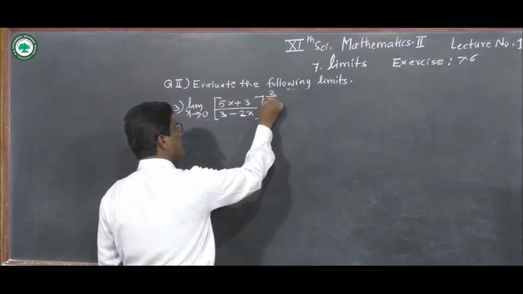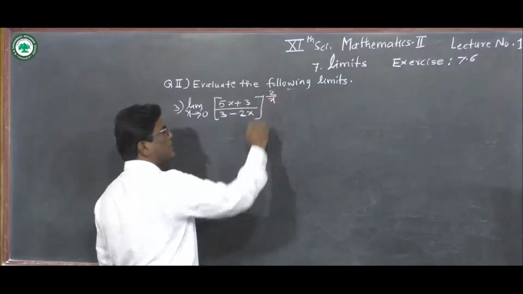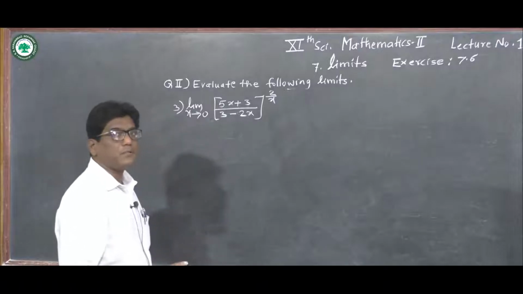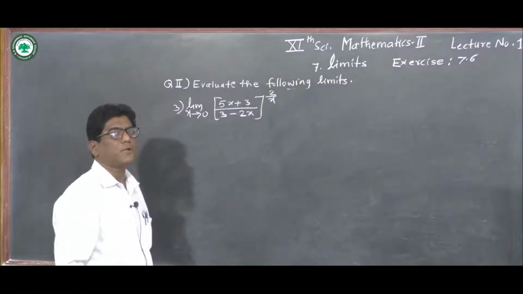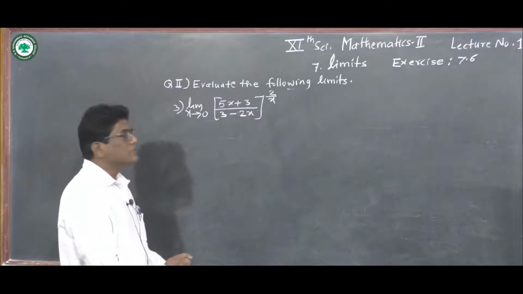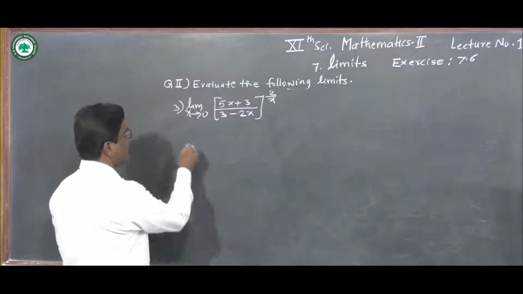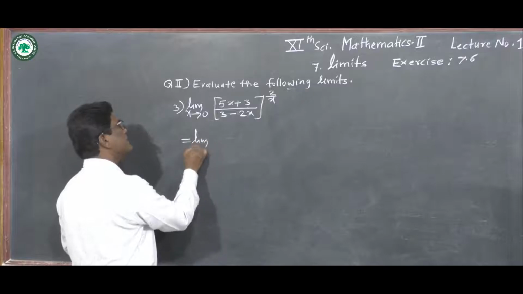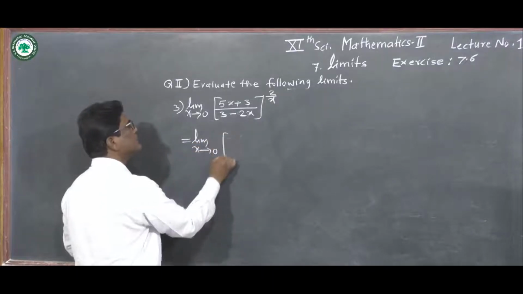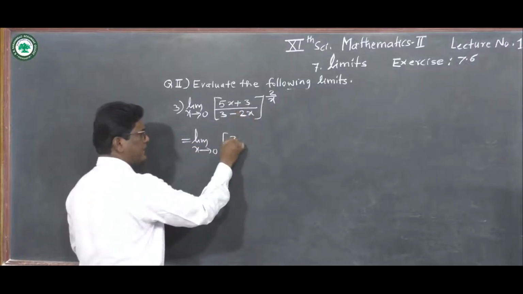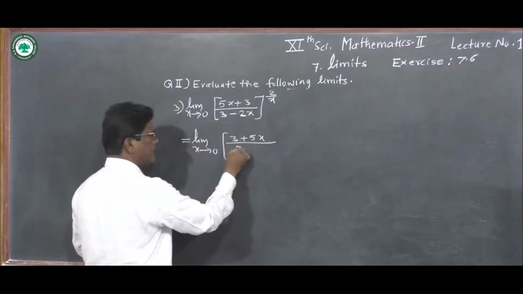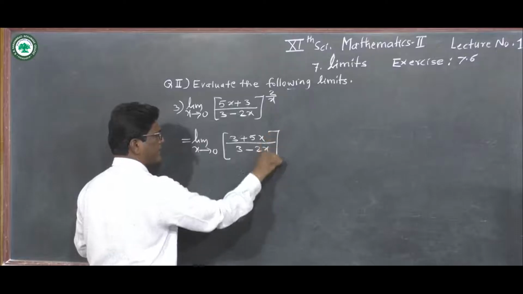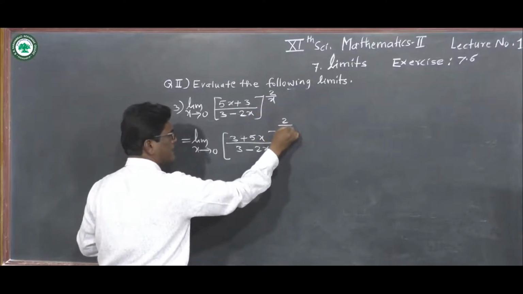Here the power 1 upon x means we have to use the standard formula, limit x tends to 0, (1 plus x) to the power 1 upon x. So we modify this problem like this: limit as x tends to 0, firstly (3 plus 5x) upon (3 minus 2x) and power 2 upon x.